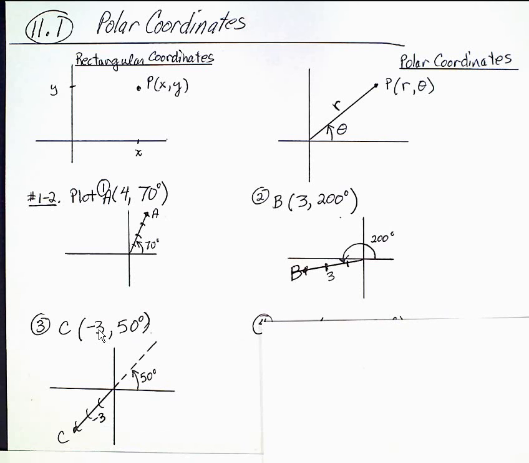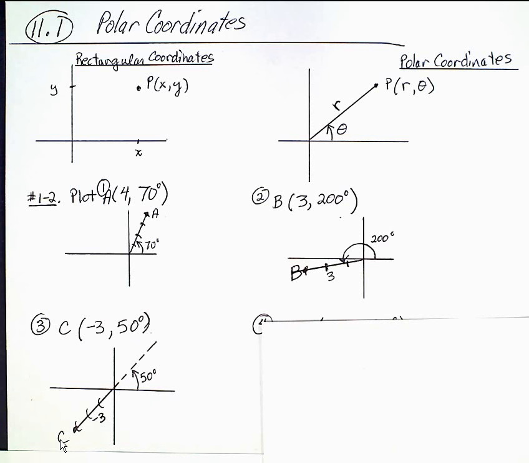So it would look like this. Instead of going up 50 and out 3, we're going to go up 50 degrees, and this would be the terminating ray. Instead of going in the positive direction on the terminating ray, we would go in the negative direction. So point C would end up being in quadrant 3.